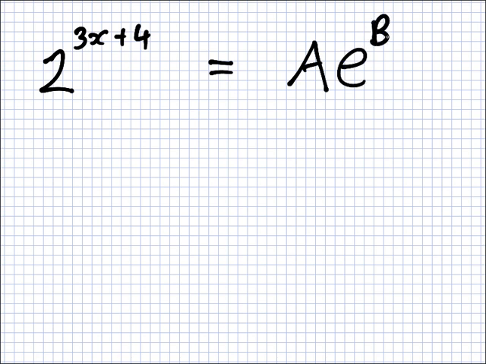The next thing I want to do, believe it or not, these types of expressions can be rewritten in the form a e^(bx), which is quite interesting. All exponentials can be written in the form a e^(bx). So how do we write this in this form?